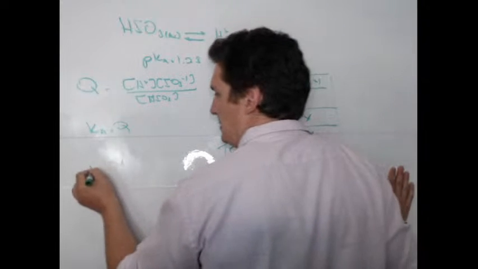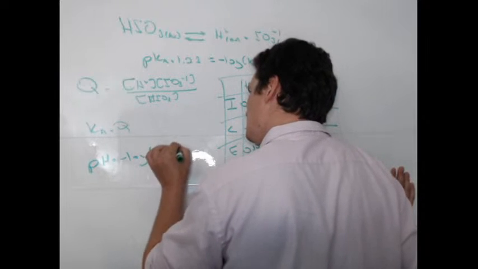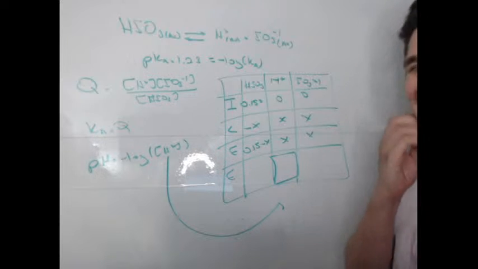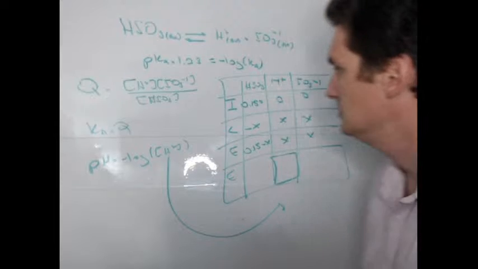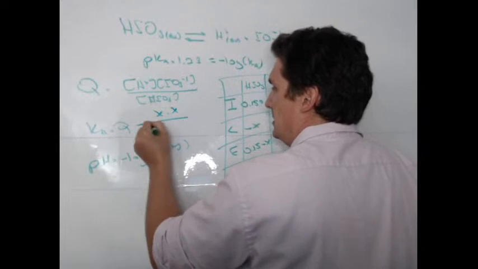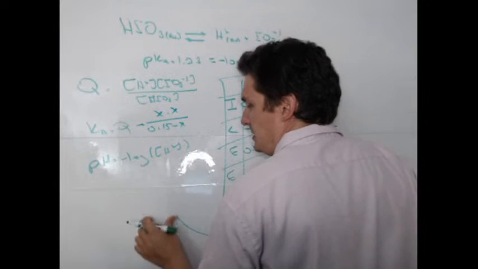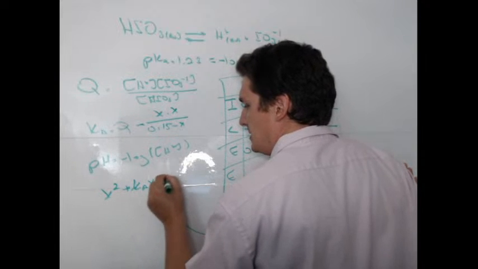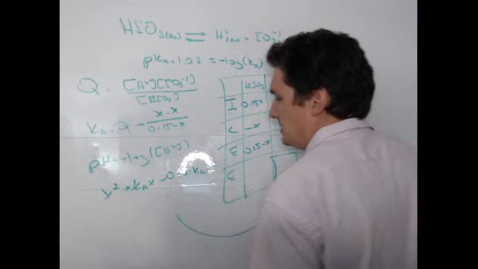And you're asked to find the pH, which is the negative log of the concentration of H plus. So we need to find this square in the table. So what we'll do is we'll plug in for our values of Q, our values of all these. So we got x times x over 0.15 minus x. And when you rearrange this, you'll get that x squared plus Ka x minus 0.15 times Ka equals 0.